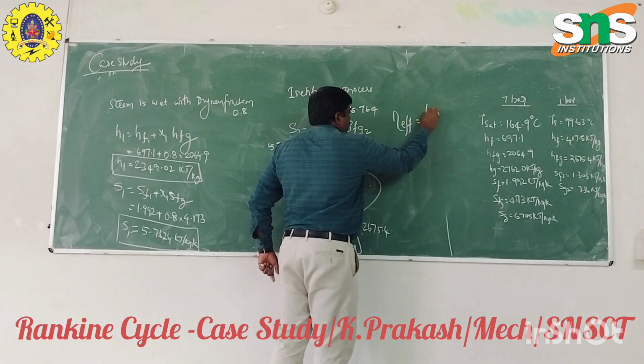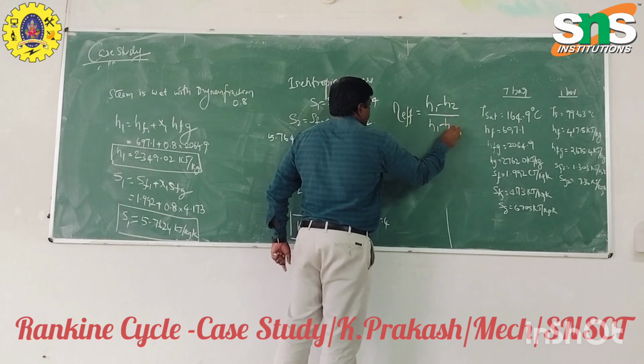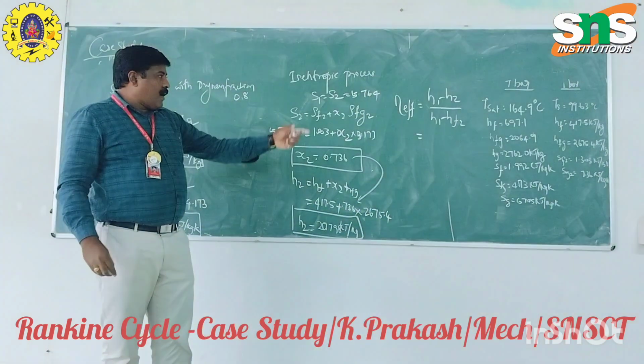Okay. So here, H1 minus H2 divided by H1 minus HF2. This is the efficiency of the Rankine cycle.